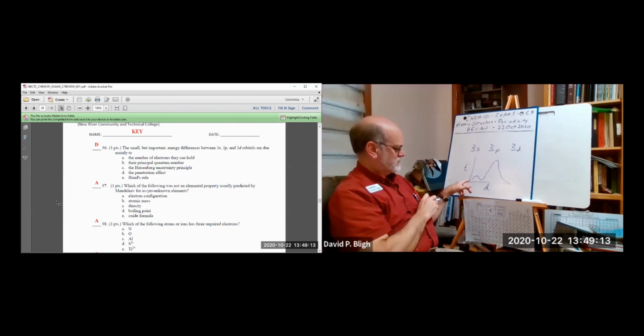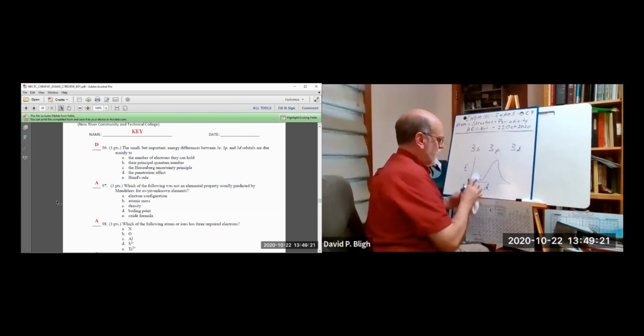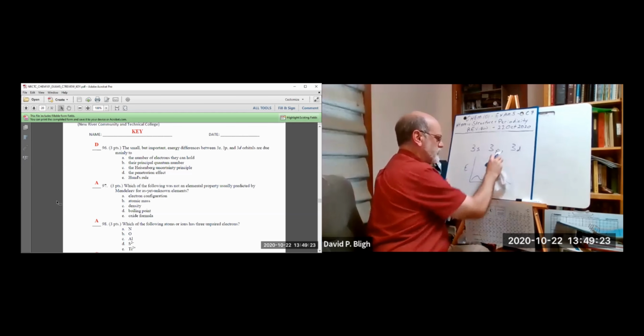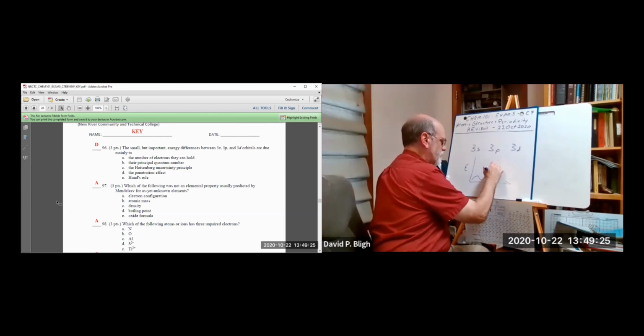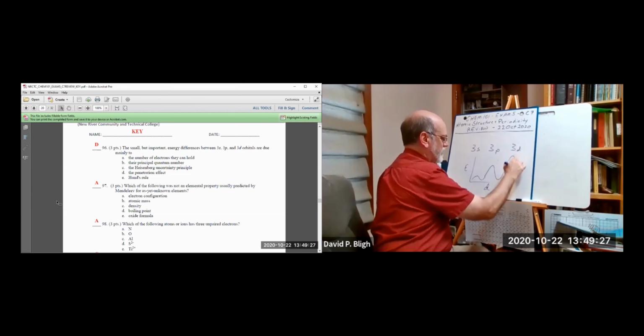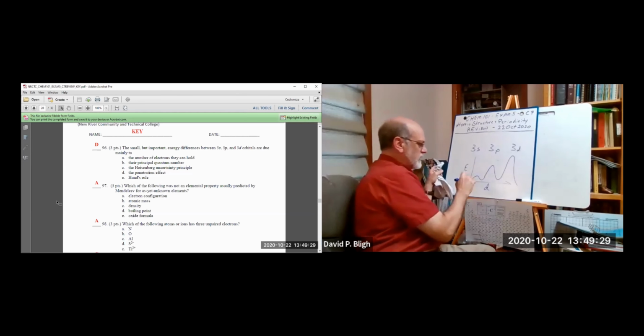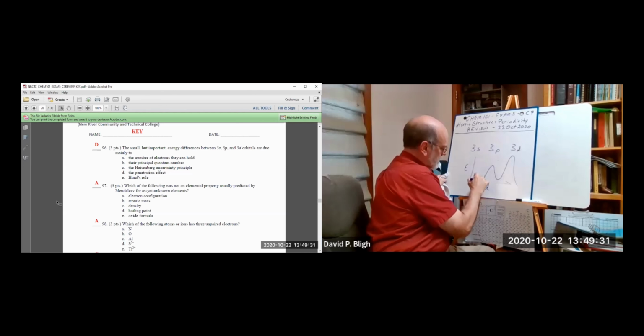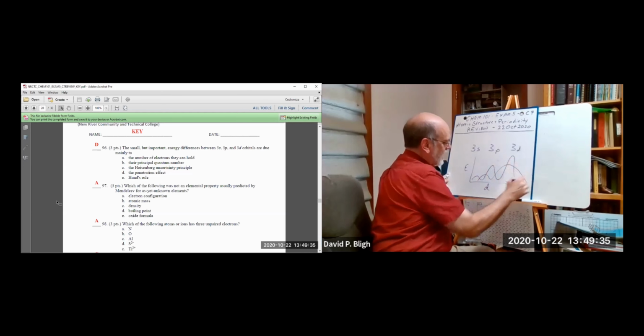Actually, there are three densities. There are 2 nodes, excuse me. Like that. So there's 3. And then P has some density here, and then like that.